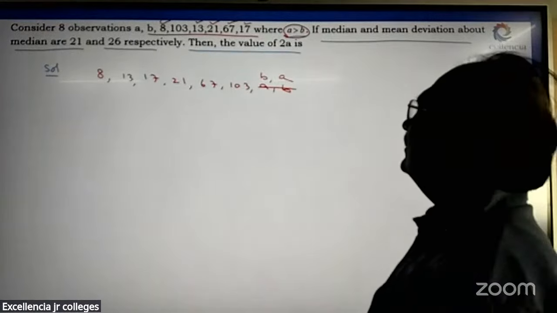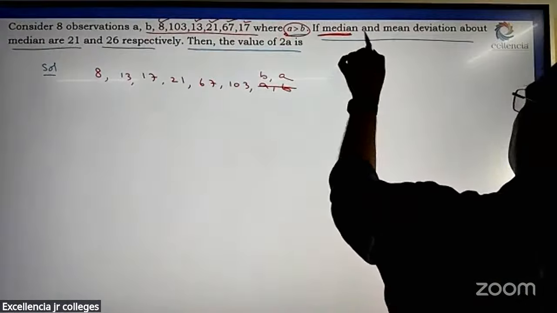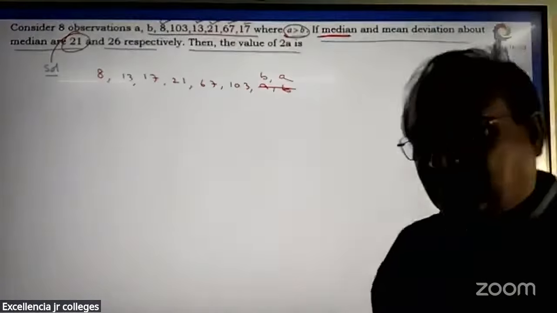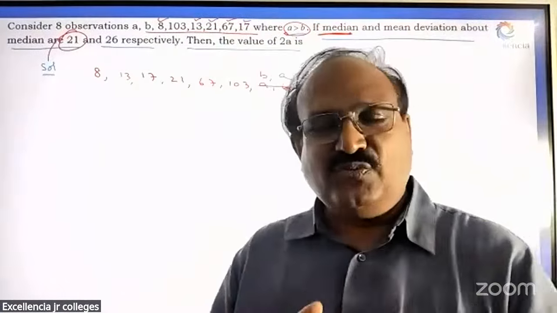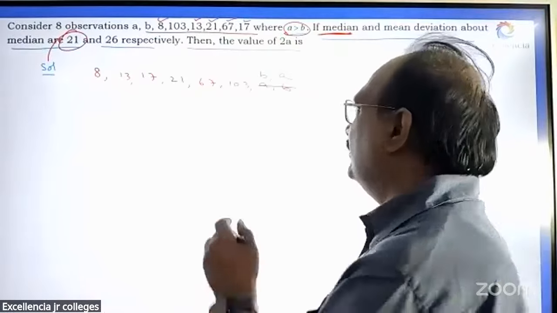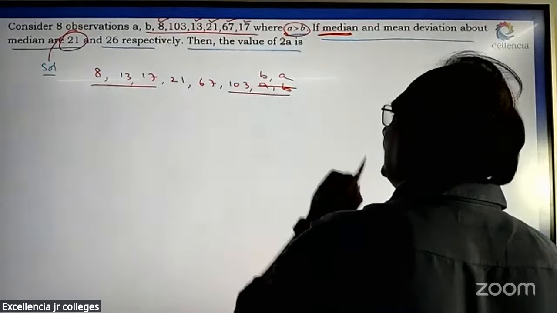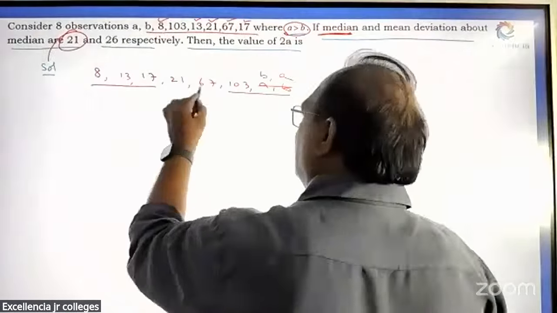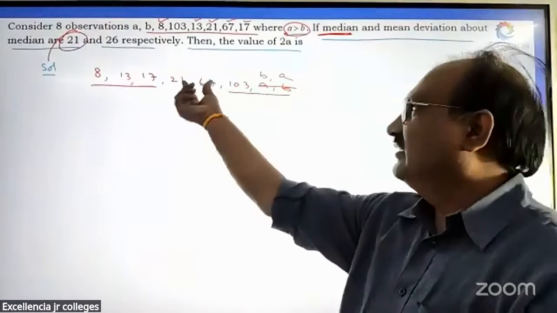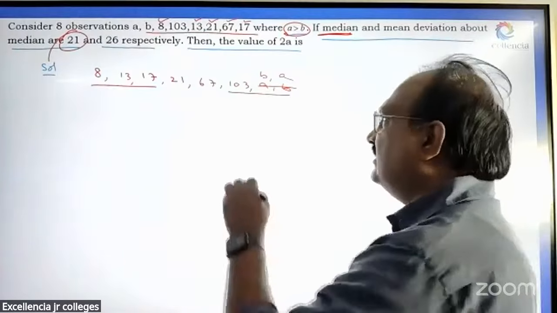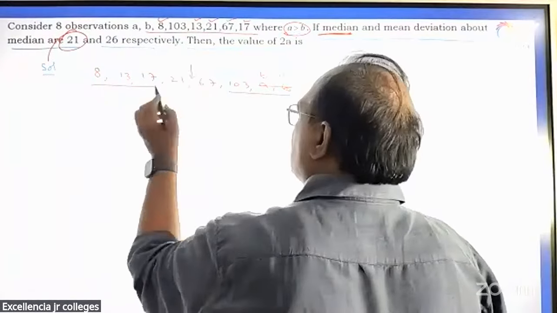But when you see here, he said the median of this is given as 21. Where you are going to find the median of ungrouped data, here 8 terms are there. Here the median is the middle two terms, 21 and 67. 67 is there, that's why b must be included.